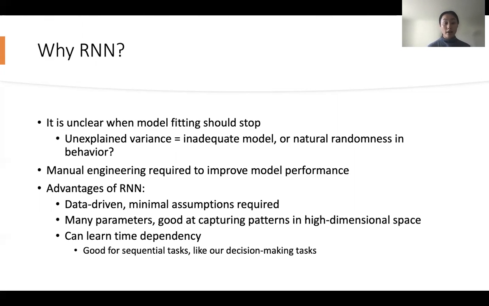Also, RNNs can learn time dependency. Since we want to model decision-making behavior, which incorporates lots of temporal information integration, perhaps the recurrent property of RNNs would allow us to model this temporal information integration properly.